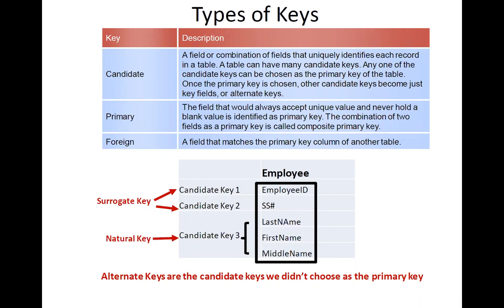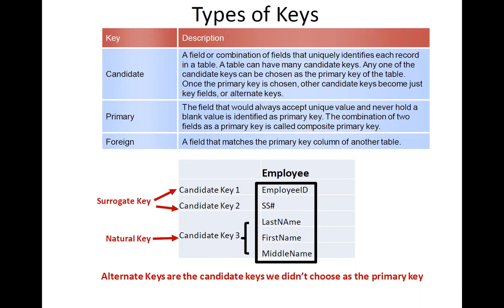Another type of key is the foreign key. In a relational database, even in a NoSQL database, we need to relate data stored at different places to each other. Generally speaking, we use the primary key of the parent entity to relate to the foreign key of a child entity.